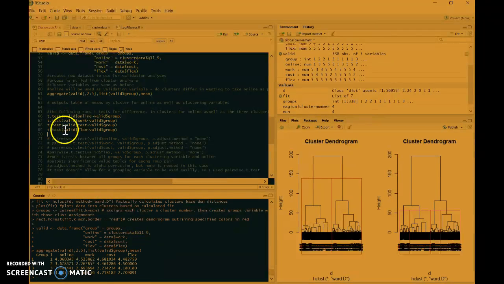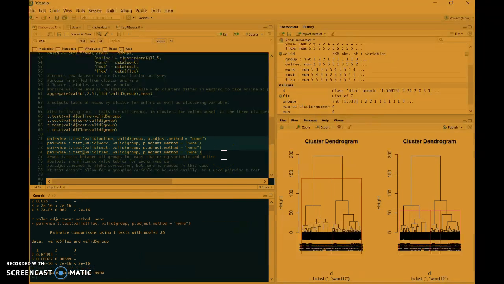Let's see what's up in terms of statistical significance. So I have these commented out right now because, spoiler alert, we're going to go with a 2-factor solution. But I'm going to go ahead and uncomment these by control shift C'ing and run them by control entering, and then control shift C them again so I don't accidentally run them again.